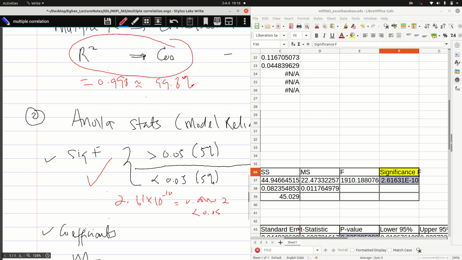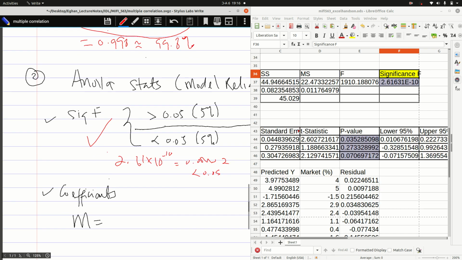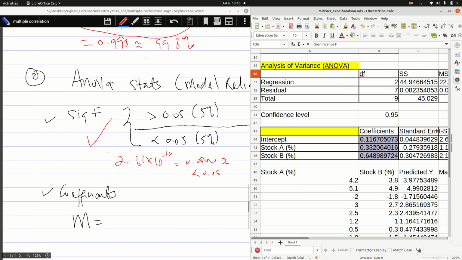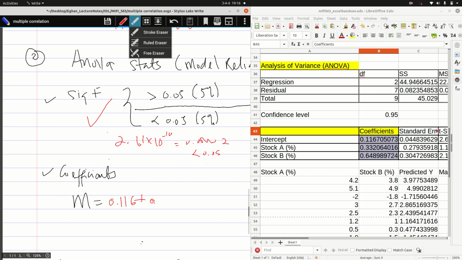Now let's go to the other part of the ANOVA, that is the coefficient aspect, and that wants us to write our model. So you're going to take the coefficient here to write the model. So the model market value will be equal to 0.116. Let me just choose the 3 decimal places. Let me write these things out well.